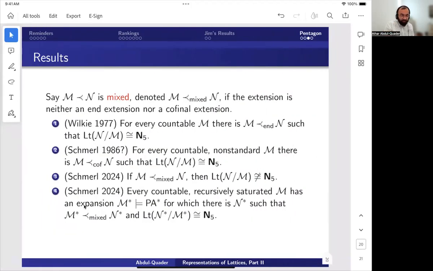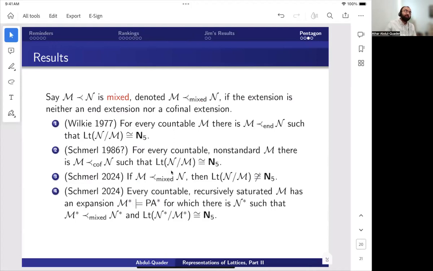Jim, in his paper that introduced the CPP representations, basically proved that whenever you have a countable non-standard model of PA that has any elementary extension that realizes a particular finite lattice, then that lattice can be realized in a cofinal extension.